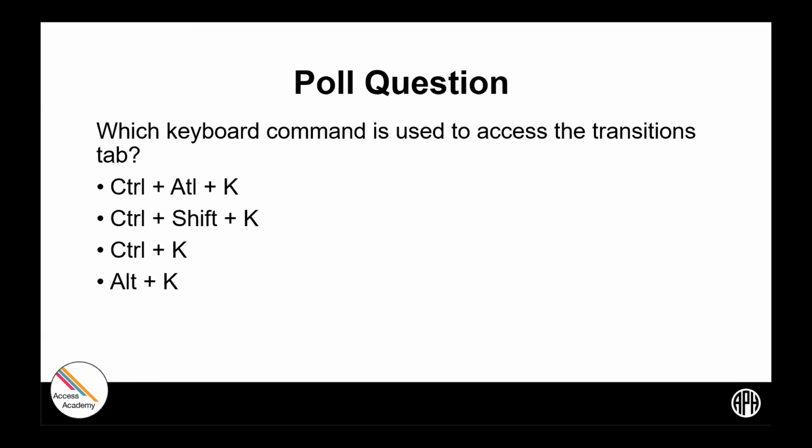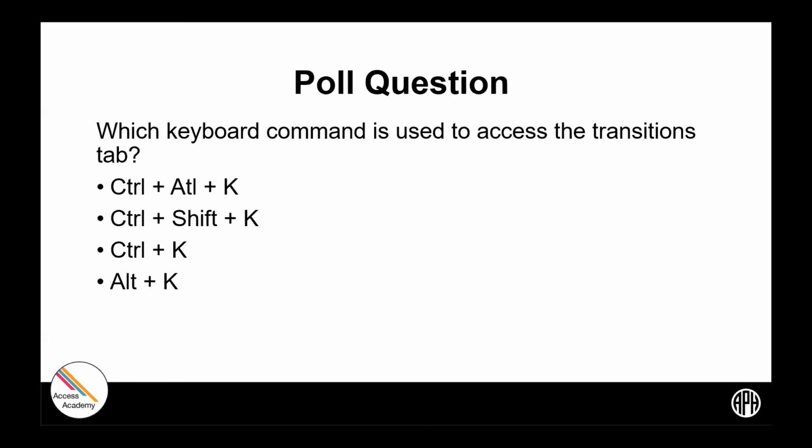All right, I think that was the only question that came in. Forgive me if I've missed something. You can go ahead and paste it back in the chat. But looking at our poll question, which keyboard command is used to access the transitions tab? We tried to make this a little complicated.